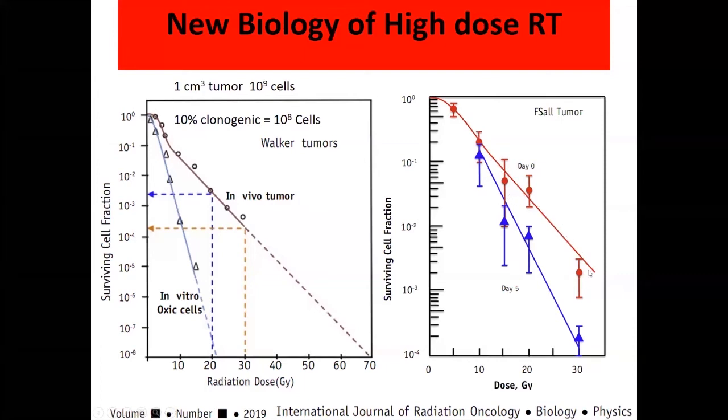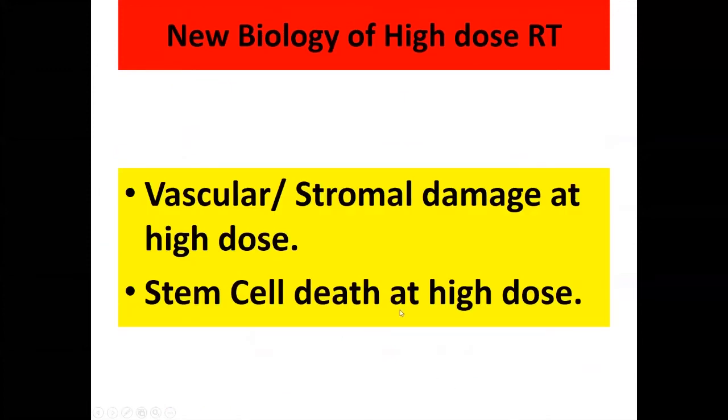But when we removed the tumor after 5 days and generated the cell survival curve, it was much steeper, which means that other processes of cell kill also contribute to overall cell kill apart from the alpha beta ratio. So these experiments clearly indicate that some other process of cell kill also gets triggered, and rightly so. It is now well established that vascular damage and stem cell death also contribute to overall cell kill.